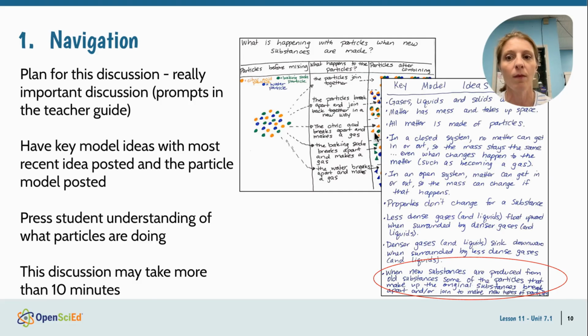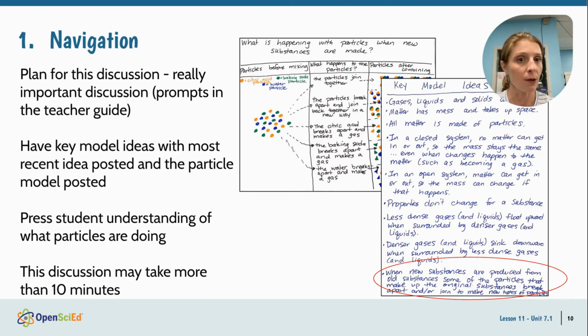Now, for this discussion, it's really important that we use this time to press students' ideas about what is happening at a particle level, specifically discussing what we figured out in lesson 9 versus what we figured out in lesson 10.